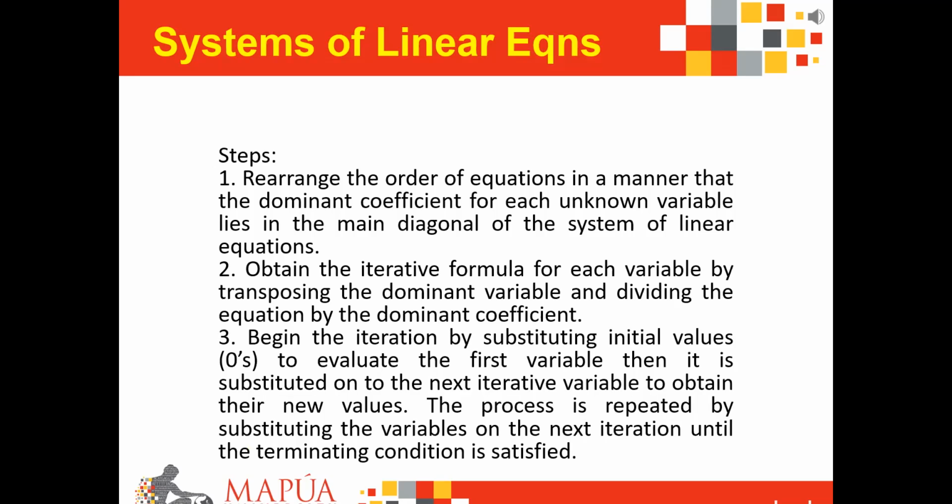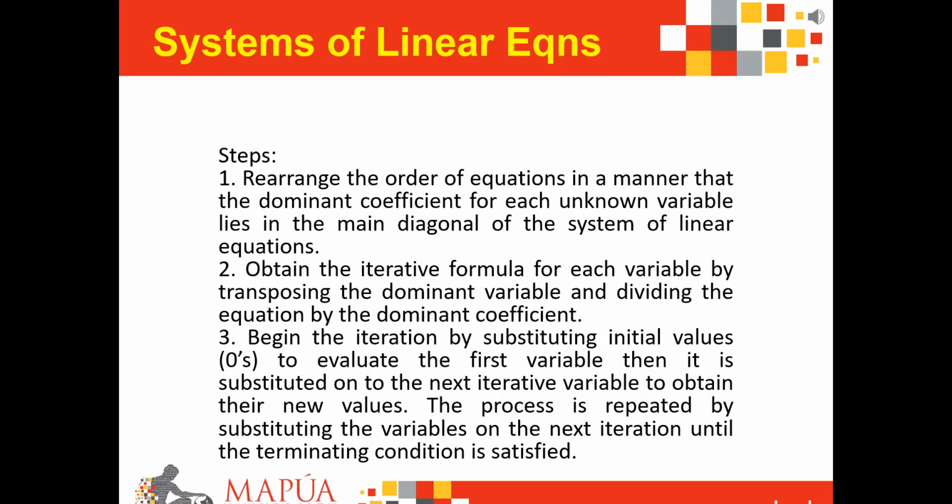However, on step 3, where iteration is evaluated, the process begins the iteration by substituting initial values of zeros only for the first variable. After solving for the first variable, it is then substituted into the next iterative variable in order to obtain its new value.